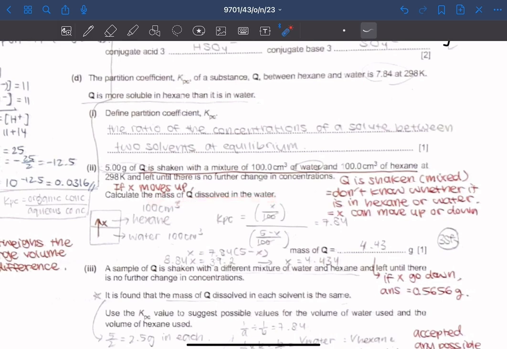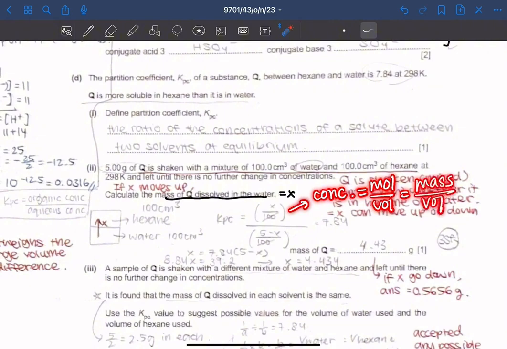So if I assume that the mass of Q dissolved in the water is equal to X, then KPC is equal to the organic concentration first. Concentration is equal to mole per volume, or it can also be equal to mass per volume.